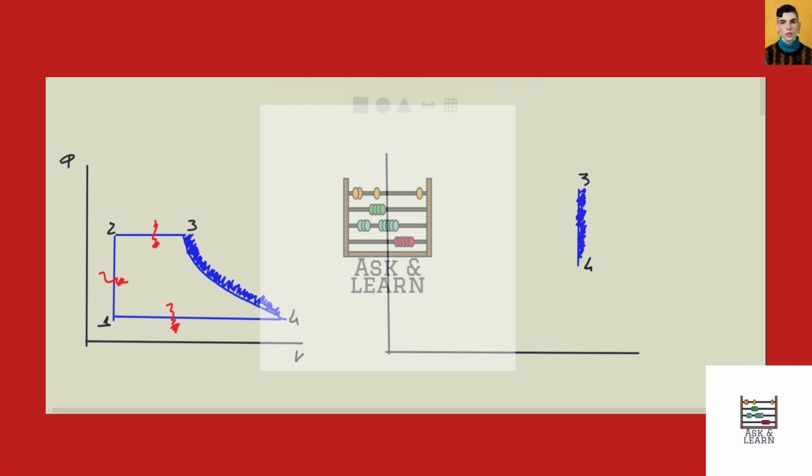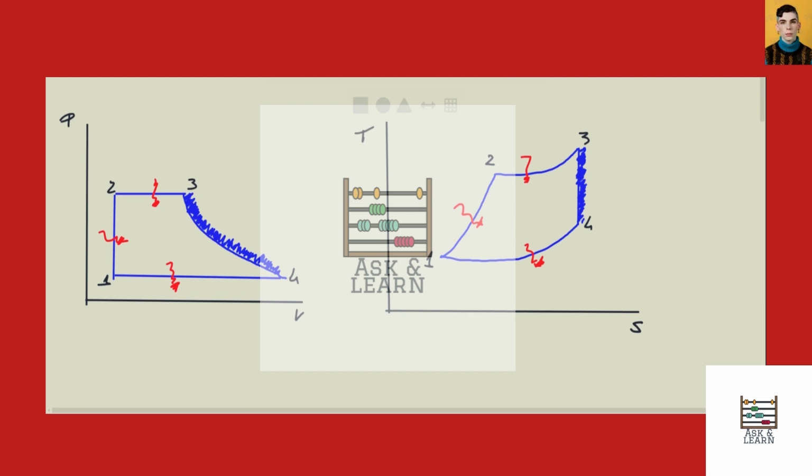And the other processes are going to be these. So this is 1, this is 2. Again, the heat enters, enters, and leaves. And this is the TS diagram.